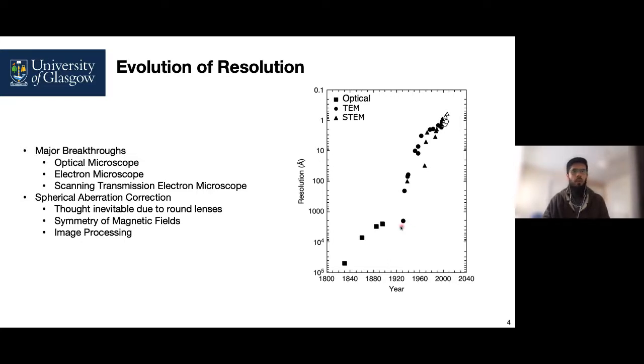And with the development of the first electron microscope, we see from this graph that the resolution capabilities shoot upward. So this is basically one technology change that happened around the 1930s that significantly advanced the field of microscopy.